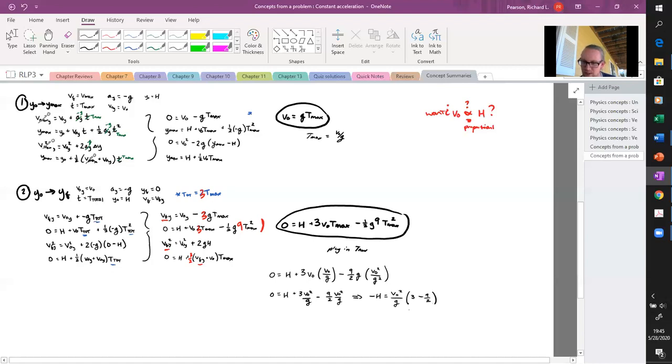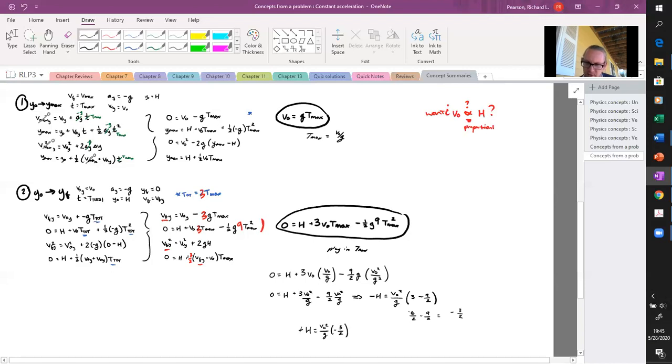The way that we do this is we multiply this 3 by 2, so we get 6 over 2 minus 9/2, which gives us, you can see it, right? So this is equal to negative 3/2. So that means that we now have negative h is equal to v naught squared over g times negative 3/2.